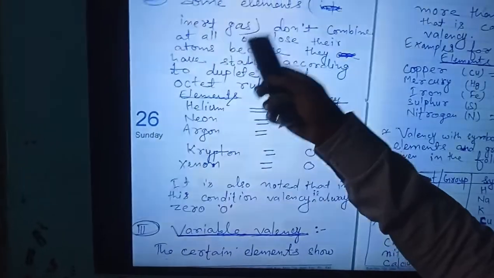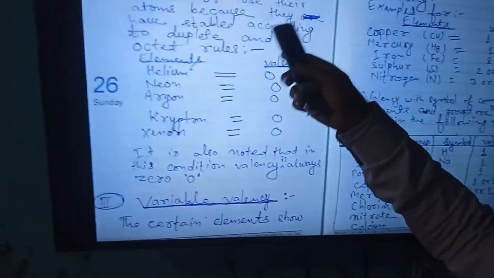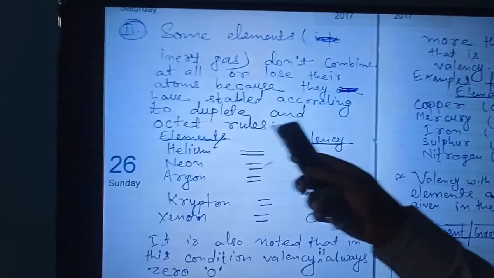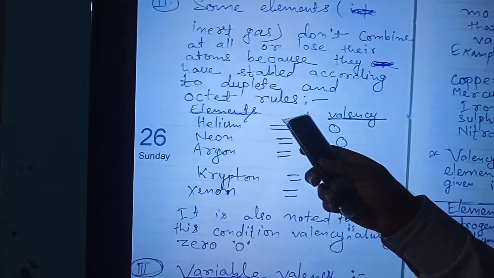Second, some elements, the inert gases, do not combine at all or lose their atoms because they are stable according to the duplet and octet rules.